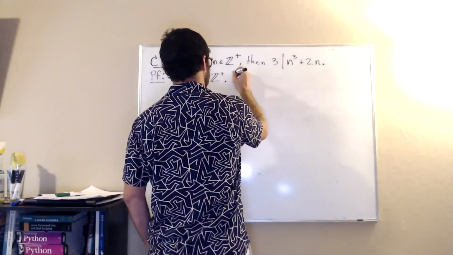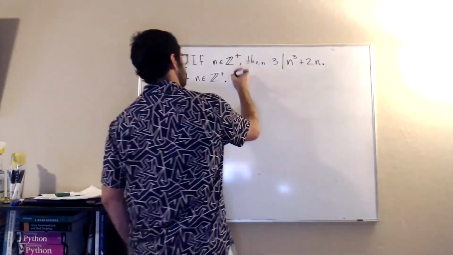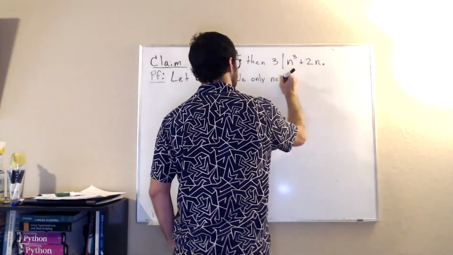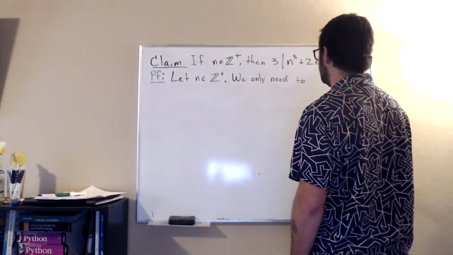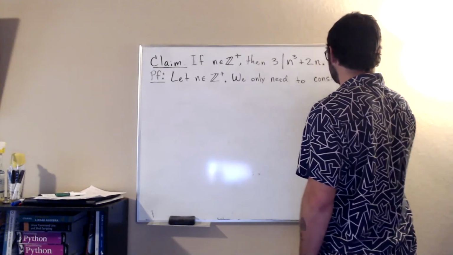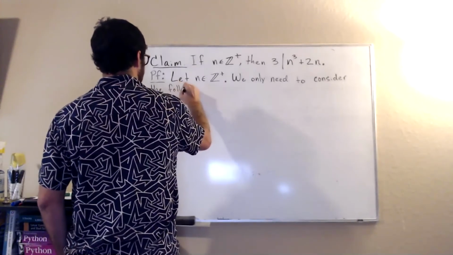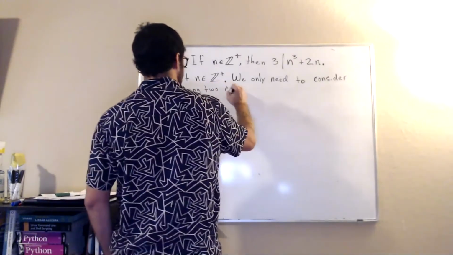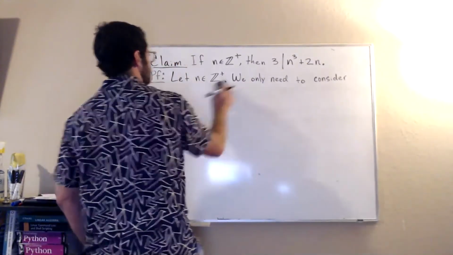So let n be a positive integer. Okay. And then we only need to consider the following two cases. I'm going to be a little bit more clear on this.